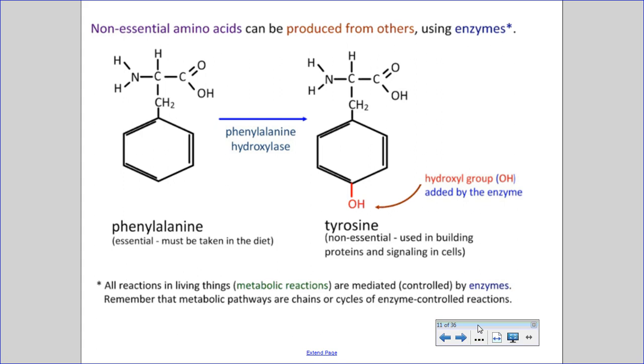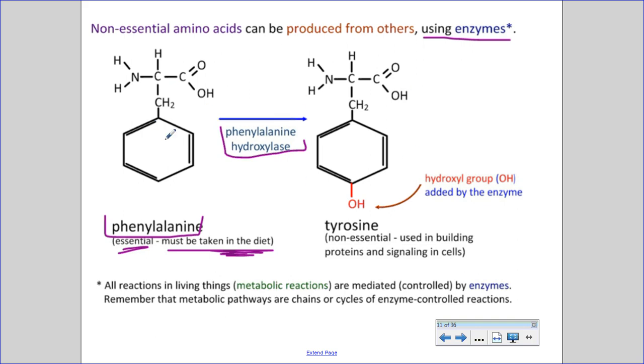So non-essential amino acids can be produced from other amino acids, as I mentioned, using enzymes. So in this example, we have the amino acid phenylalanine, which is an essential nutrient. So our body cannot produce this, so this must be taken in the diet. Now there is an enzyme within our cells called phenylalanine hydroxylase that will take phenylalanine and convert this to tyrosine.